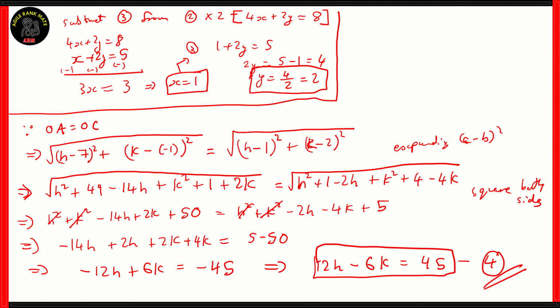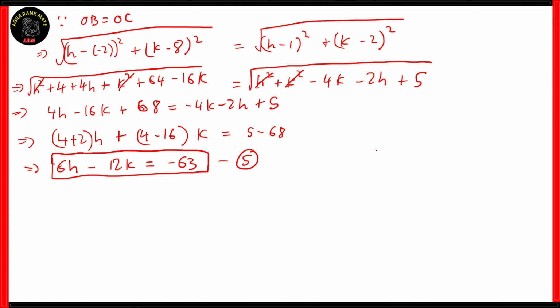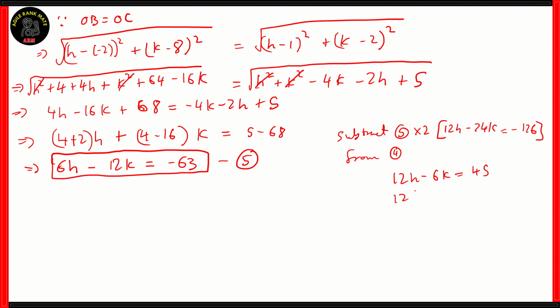So all you have to do is subtract equation 5 times 2, which is 12h minus 24k equals minus 126, from equation 4. So we have 12h minus 6k equals 45, and 12h minus 24k equals minus 126.